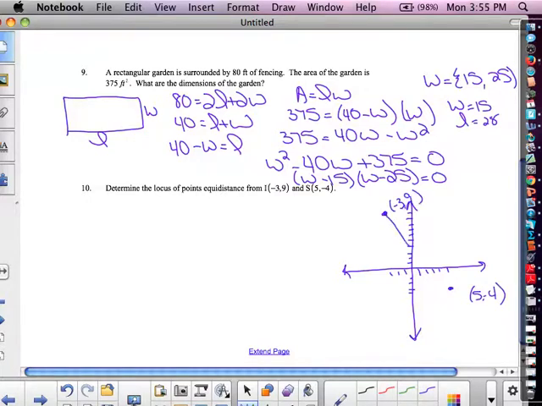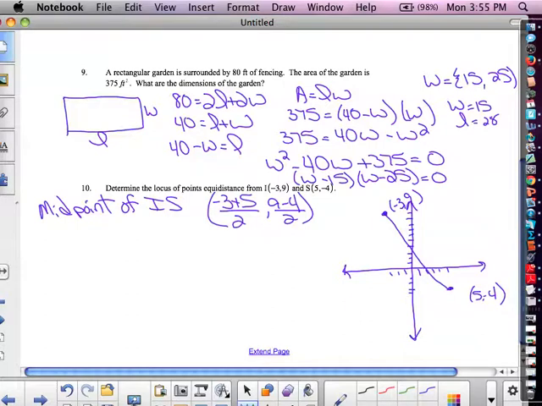A line segment. First thing you have to do is find the midpoint of IS. So -3 plus 5 over 2 and 9 minus 4 over 2 is going to give me a midpoint of 1 and 5/2.